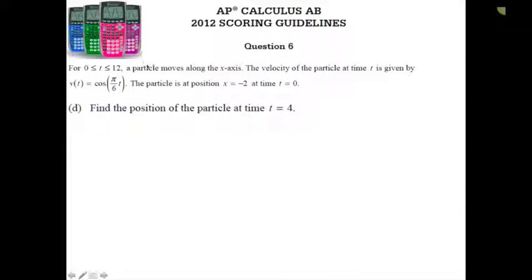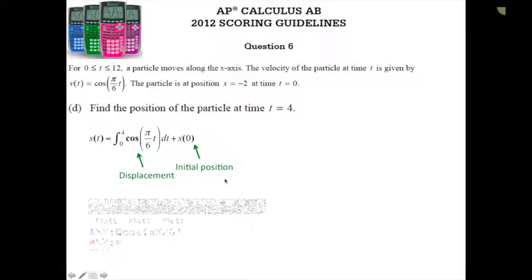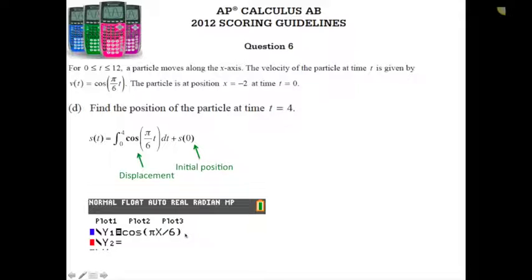If we look at this using a calculator now, finding the position of the particle, all we're going to do is take that expression for final position, which is displacement plus initial position, and put that into our calculator. Again, I always like to reinforce: put the function in y1 so you can use your vars key. It just goes faster.